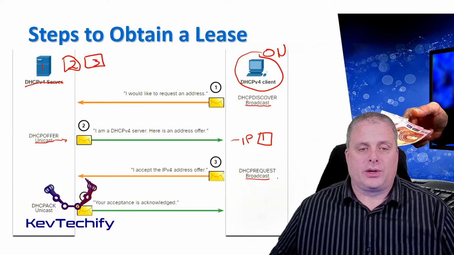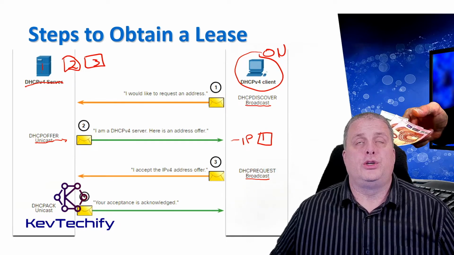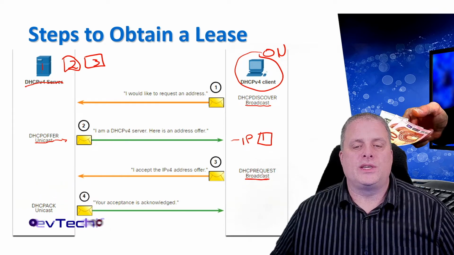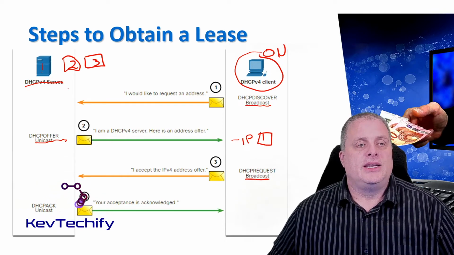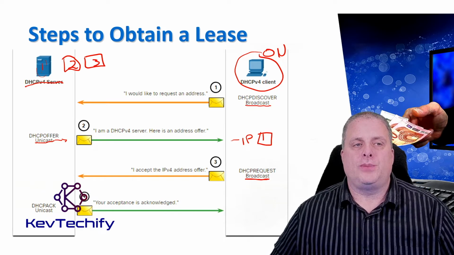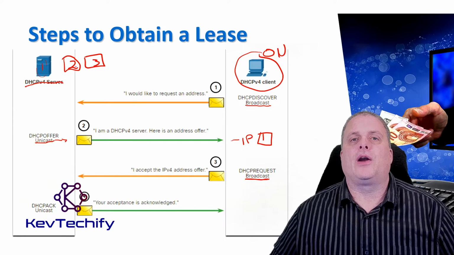Then we send back the request saying, hey, I accept this offer. I formally request to use this IP address. Now, we send it out as a broadcast. The reason we send it out as a broadcast is, yes, DHCP server 1 will hear that, but then also DHCP server 2 and 3 hear that, and they can rescind their offers.